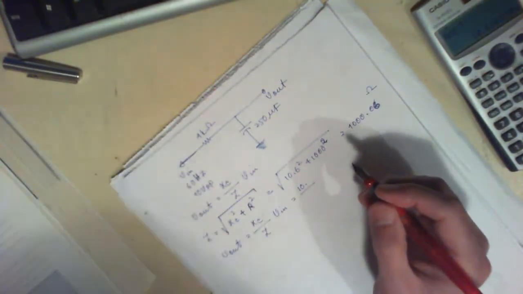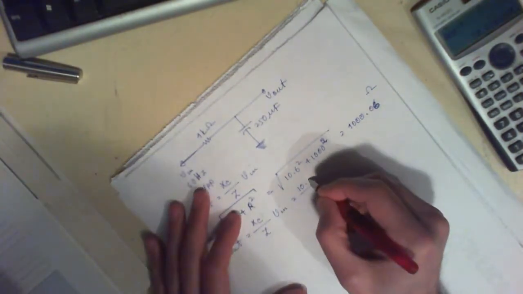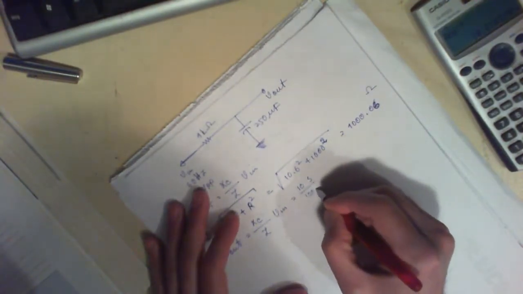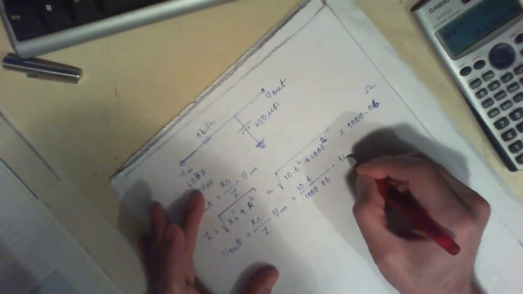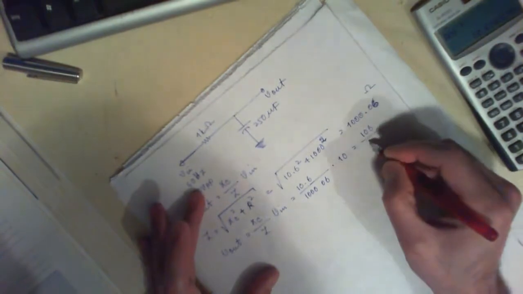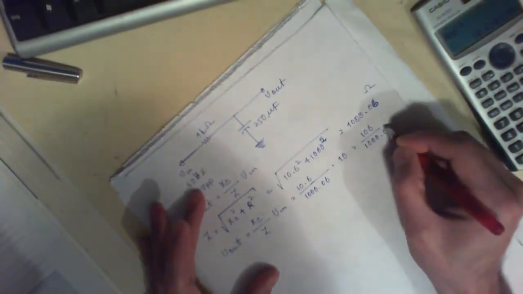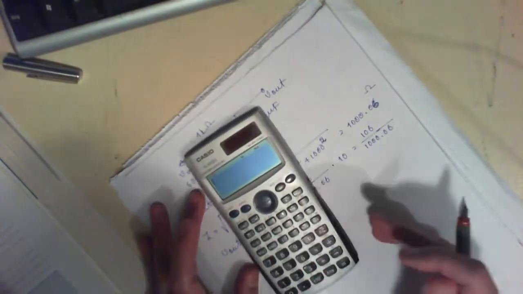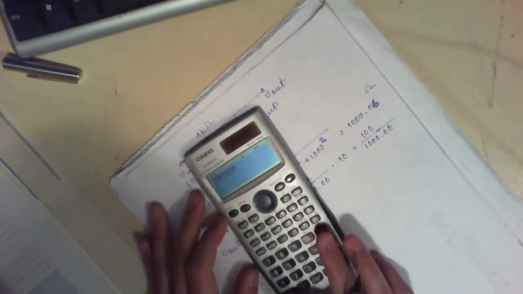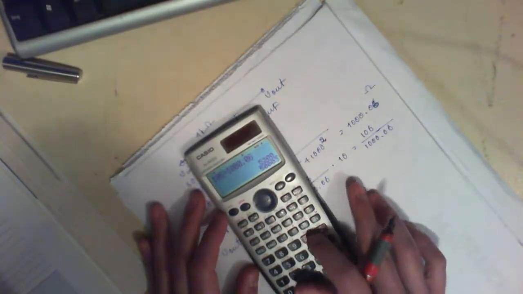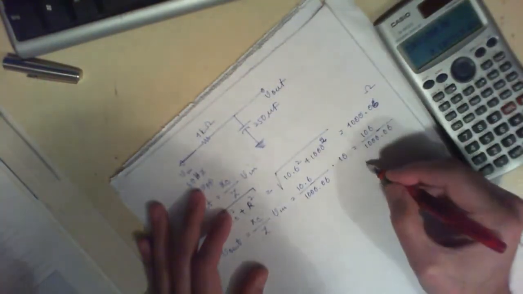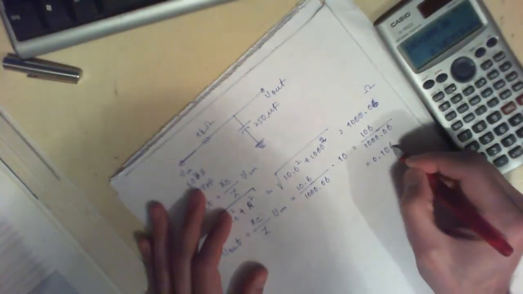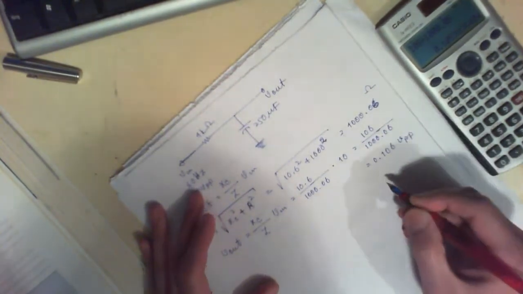What was the reactance? 10.6 divided by 1000.06 times 10 volts peak to peak, which is equal to 106 divided by 1000.06, and that is equal to 0.106 volts peak to peak.